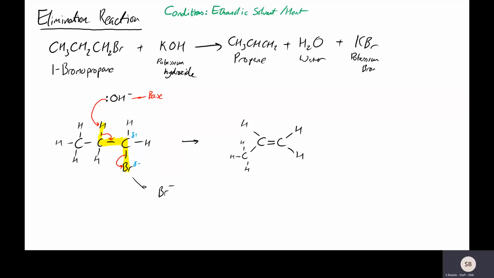Now, this is a very simple example of an elimination reaction. Now we're going to go to a slightly different one. So this time we're going to start off with 2-bromobutane.